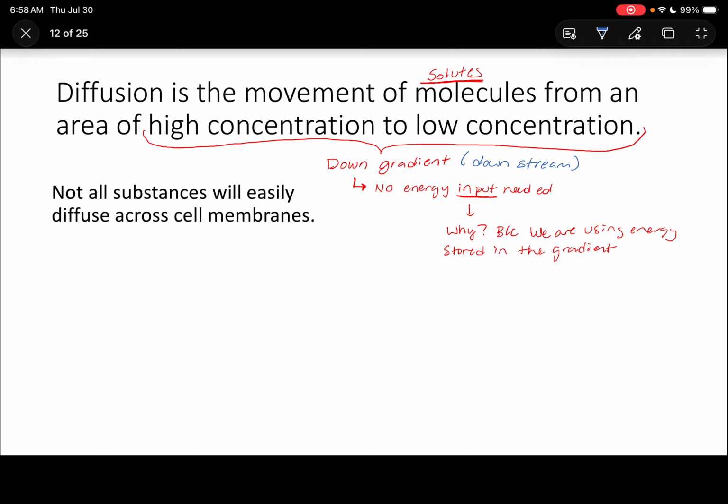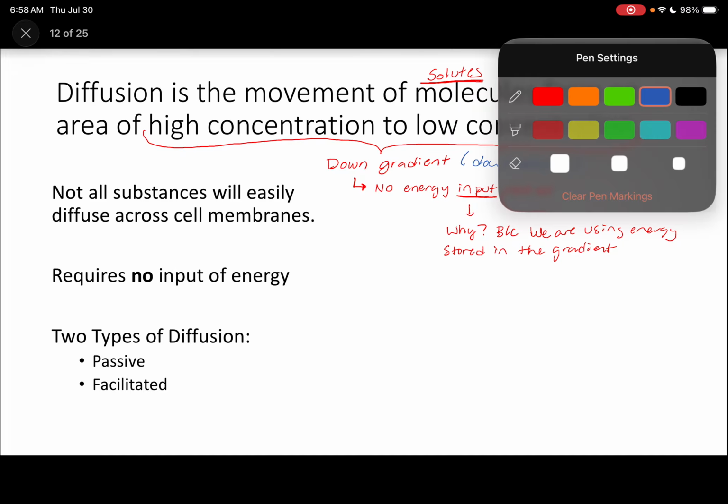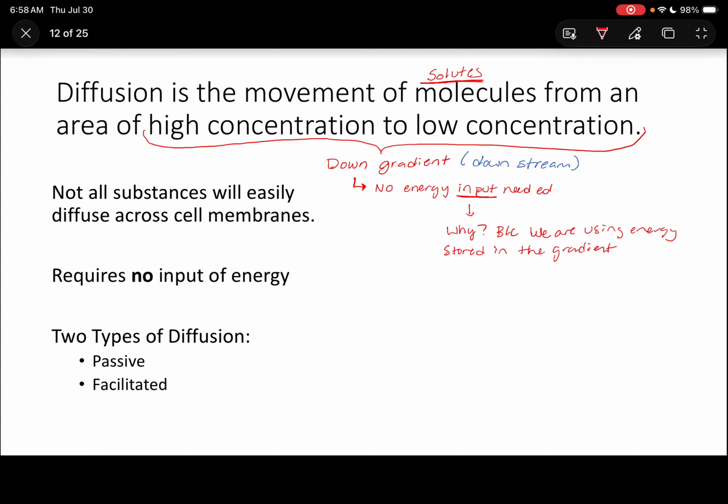Now, here's the thing. We're going to have different kinds of diffusion, and the reason why is because not all substances will easily diffuse across the cell membrane. Some of them are going to have a hard time, and they're going to need assistance to get across. So because of that, there's two kinds of diffusion, passive and facilitated. And the difference comes down to this question: can the solutes move directly through the cell membrane on their own?